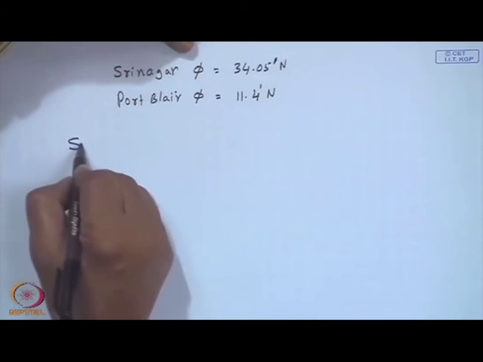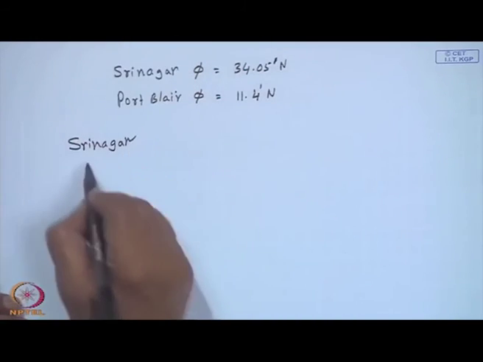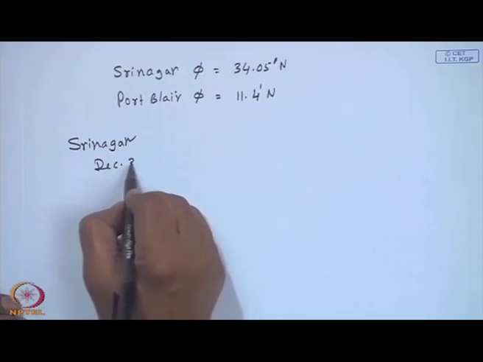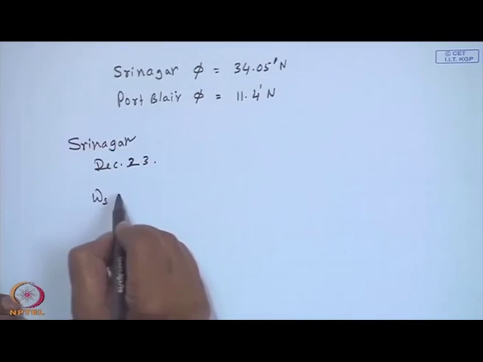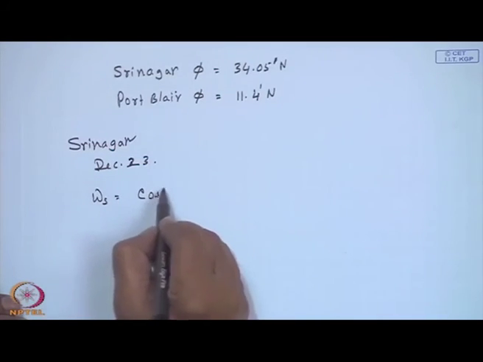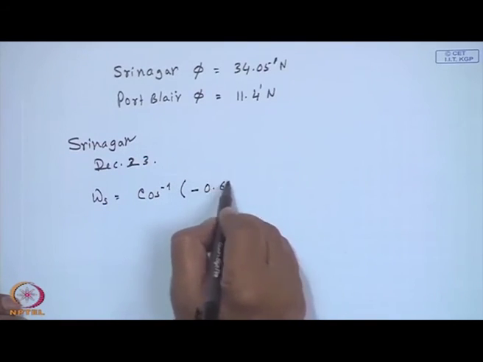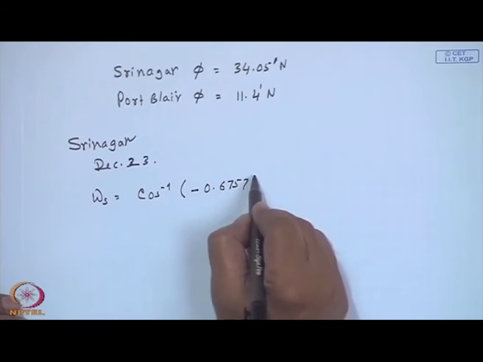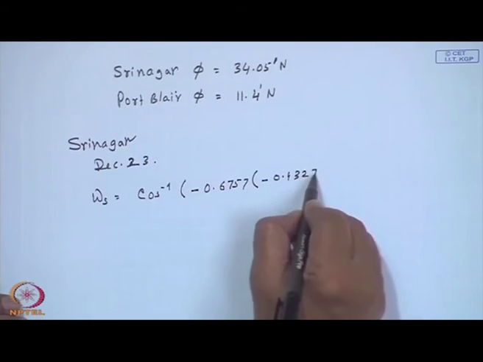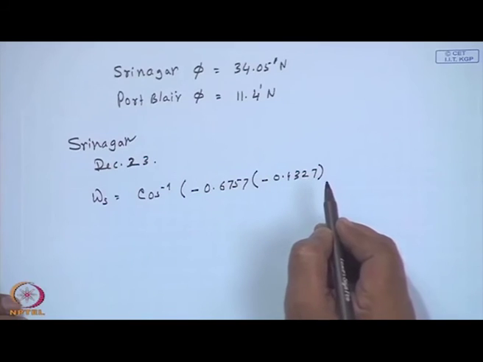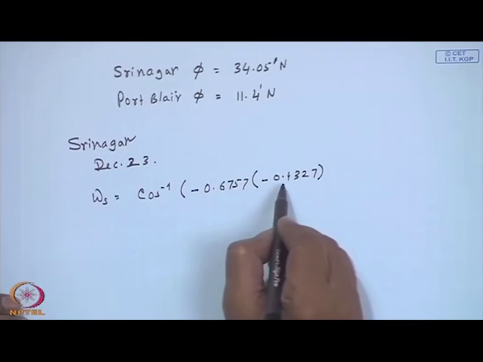So, we will first consider Srinagar, December 23. So, omega s will be cosine inverse minus 0.6757, that is cos phi, times minus 0.4327 cos delta, cos inverse of tan phi tan delta. Tan delta is negative.